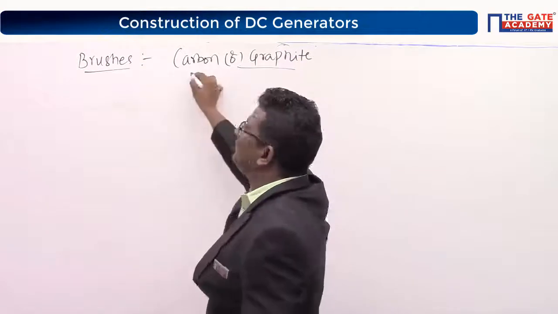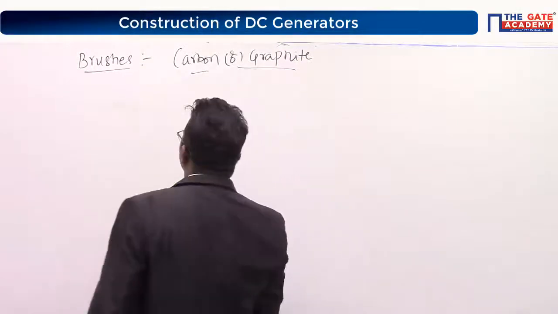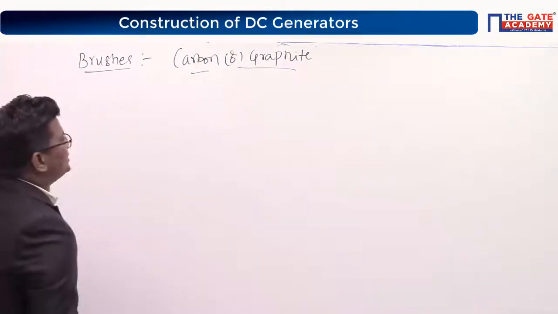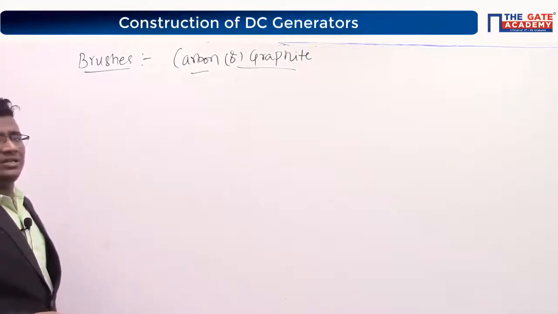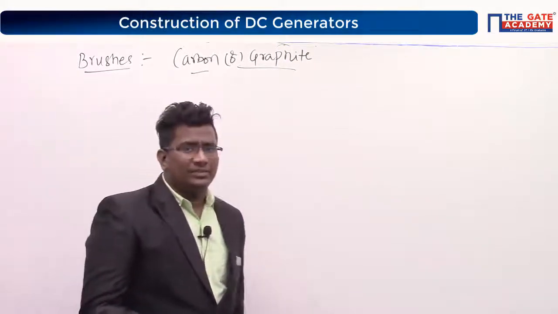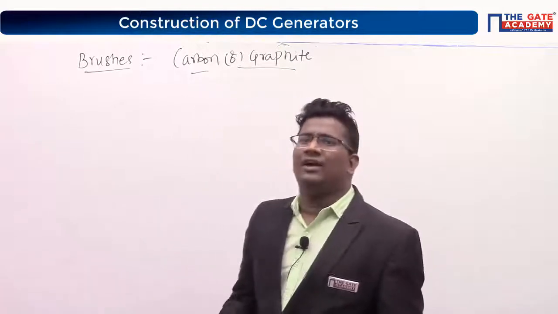Why carbon or graphite? We will see the reason. Tell me, are brushes fixed contacts or movable contacts? Brushes are fixed contacts or movable contacts.